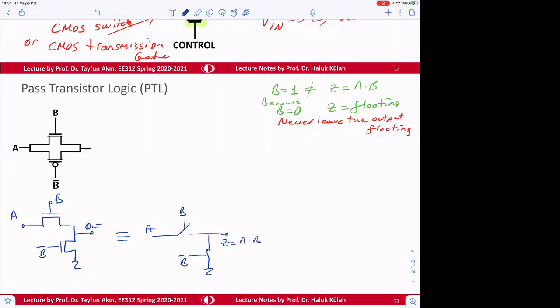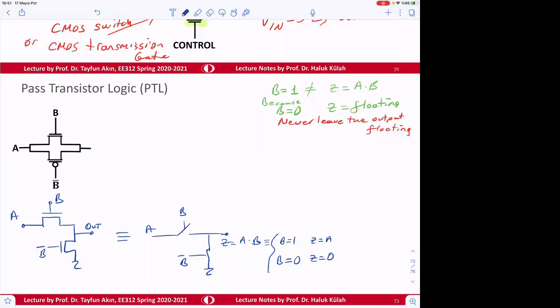So why is this the case? Because in this case, if B is 1, then Z is equal to A. But when B is equal to 0, Z is equal to what? 0.